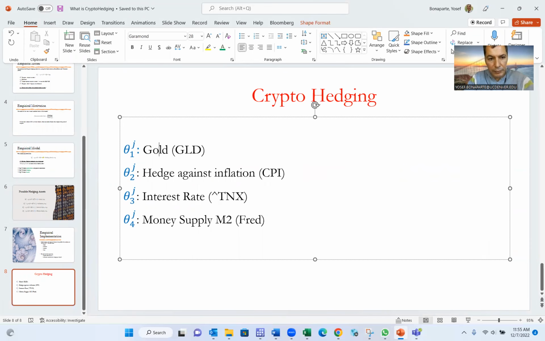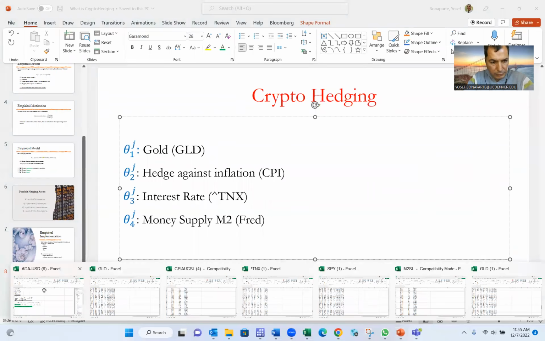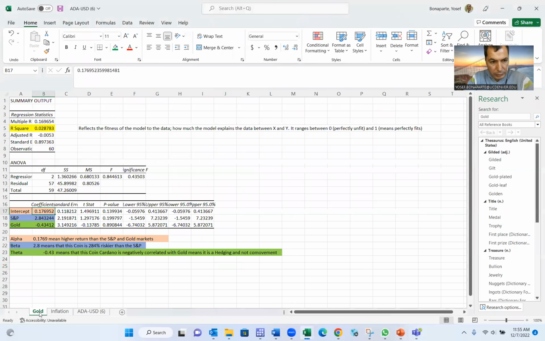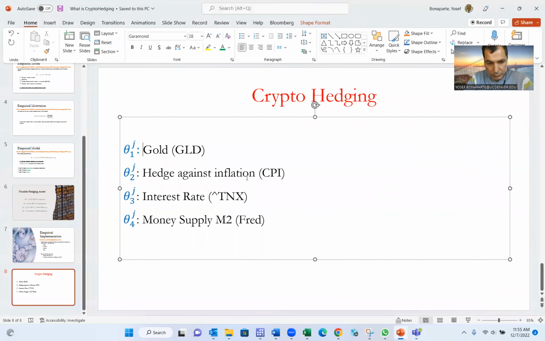And before we had hedge against gold. Now we're going to see the interest rate.